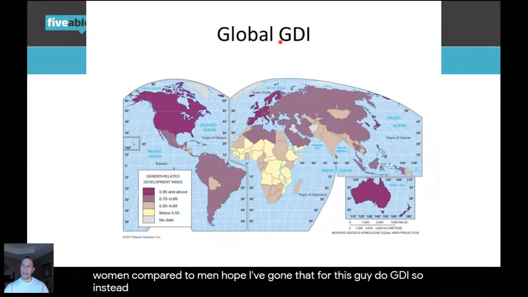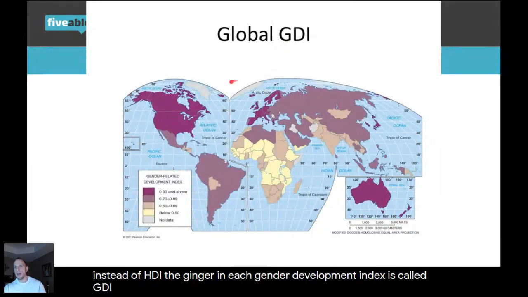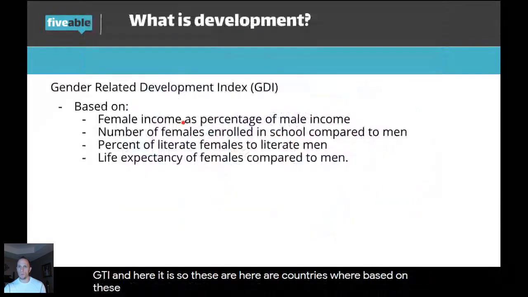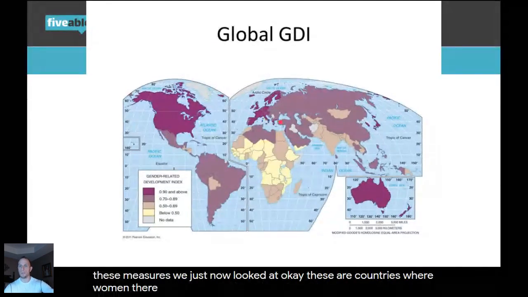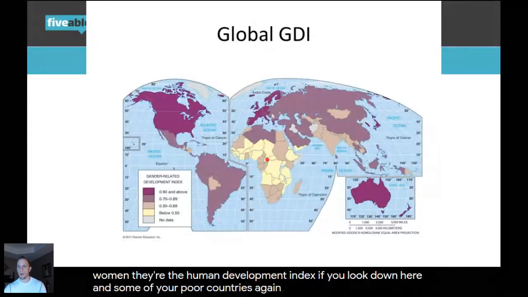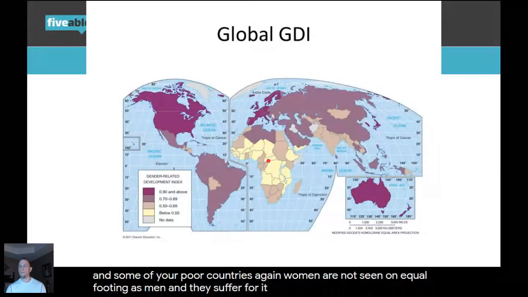So instead of HDI, the Gender Development Index is called GDI, and here it is. Here are countries where, based on these measures we just looked at, women are going to be most equal in terms of the Human Development Index. If you look down here in some of your poor countries, again, women are not seen on equal footing as men, and they suffer for it. Man, they suffer for it.